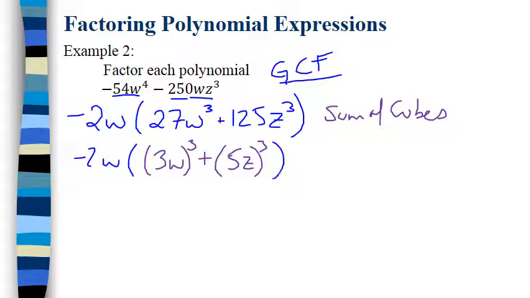Remember, sum of cubes always follows the same pattern. So there's your A and here's your B. If you want to pause the video and write out the sum of cubes here, so that way you can double check it.